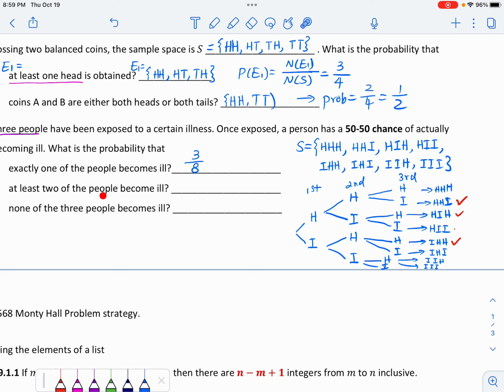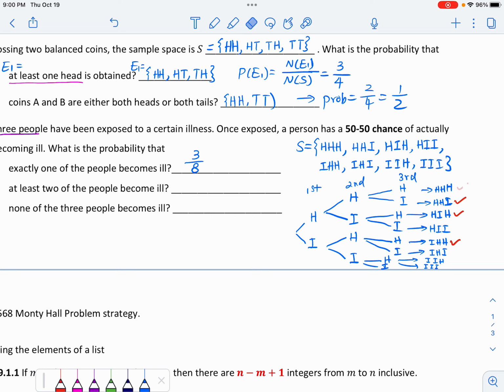At least 2 of the people become ill. At least 2 means 2 or more. Let's count that. I'm using a pink color, so I'm going to erase the previous one. At least 2, that means there were 3, certainly at least 2. Actually, at least 2 is ill.